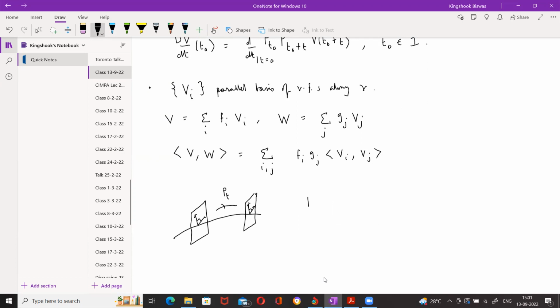Okay, so parallel transport from one tangent space to another is an isometric isomorphism.